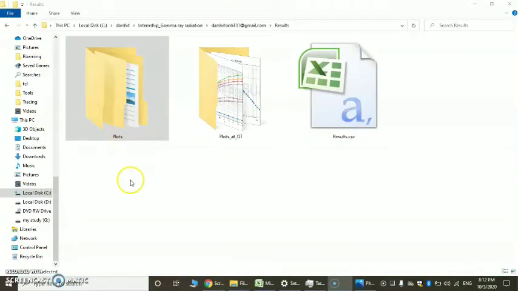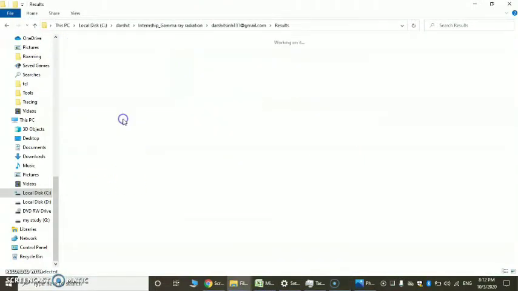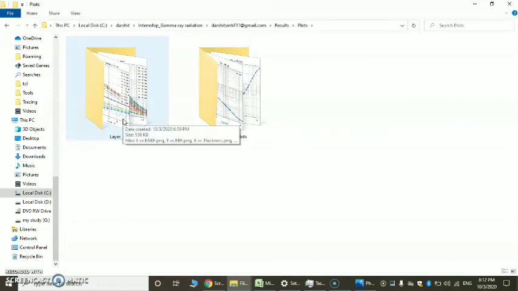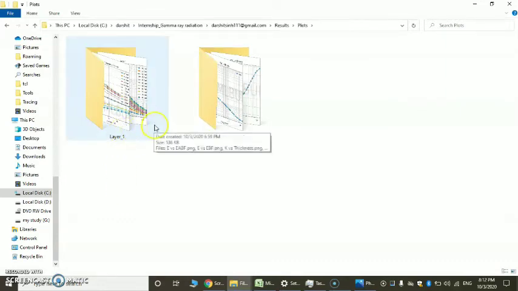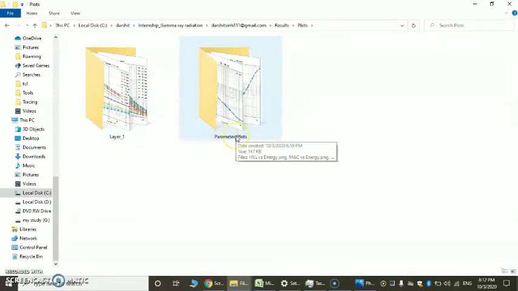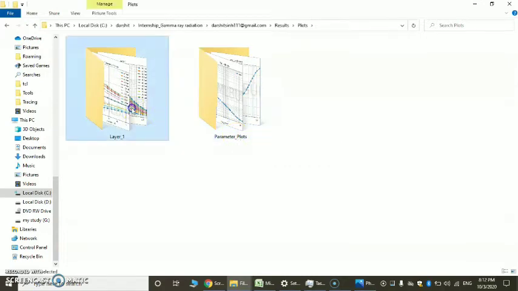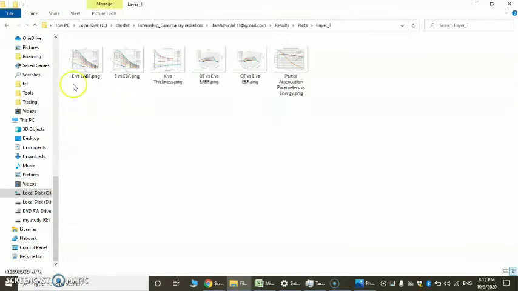So here we have plots from our results. Here are the plots for layer 1, and these are the parameter plots. So we are going to the layer 1 plots. Here we have 6 different types of plots, like energy versus energy absorption buildup factor, energy versus energy buildup factor.